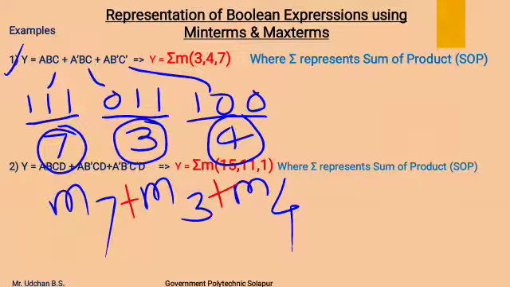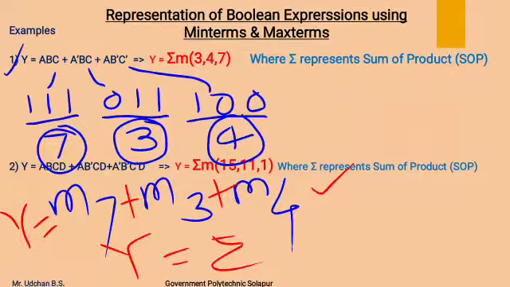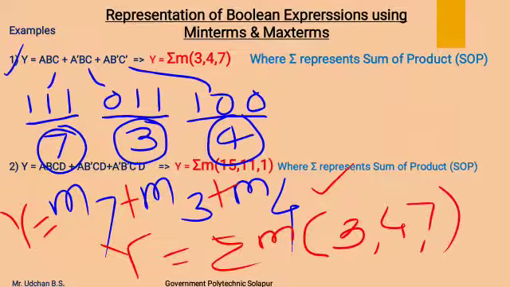So in short I can represent this expression in the form of min terms as y equal to summation small m into the bracket. I will write the numbers in ascending order, that is 3 4 7.